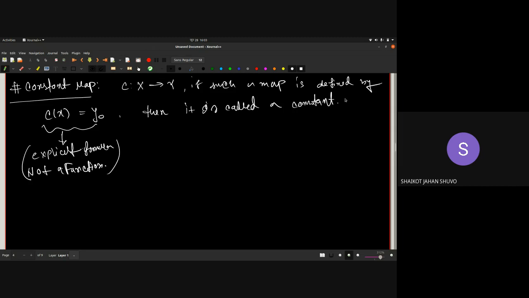That means whatever element you take from set X, x1, x2, x3, whatever you have, under the mapping it produces something, let's say y naught, that belongs to Y. That can be considered a constant map.